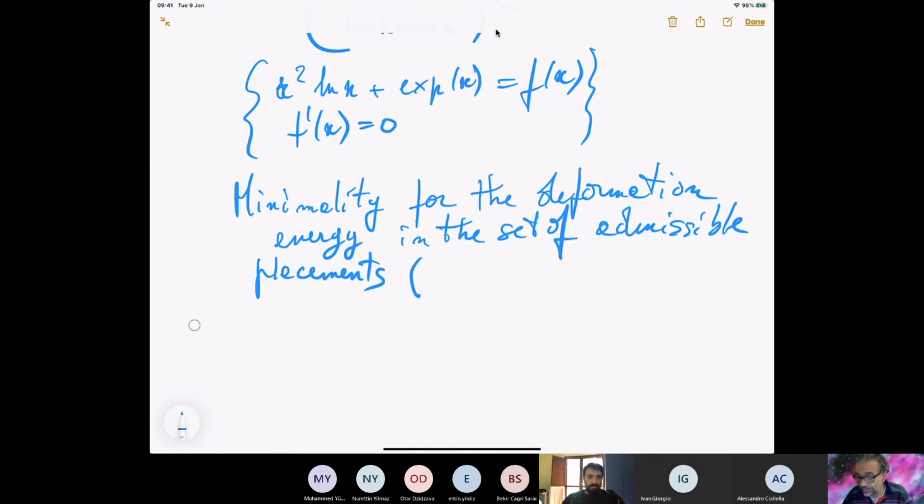So remember, one controls the placement and its derivative.